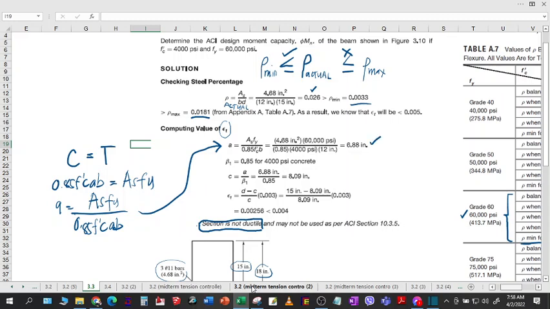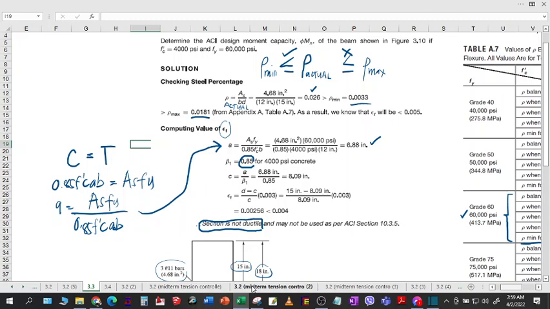Then for beta 1, we can use a formula, but we can also directly conclude that for 4,000 psi concrete, beta 1 is 0.85. In the previous problem, I illustrated that beta 1 can be computed using the formula given in the code.